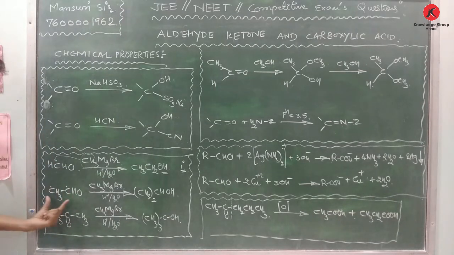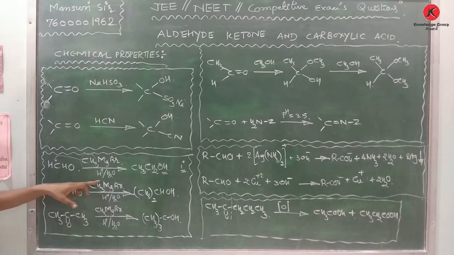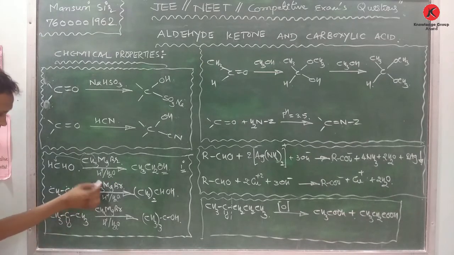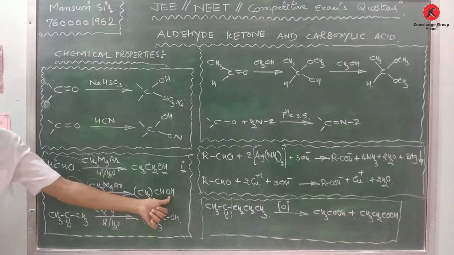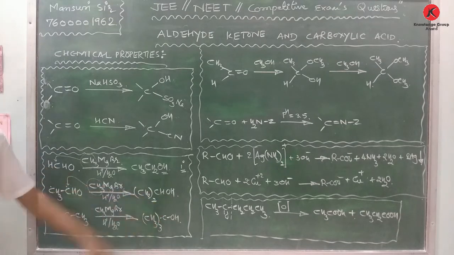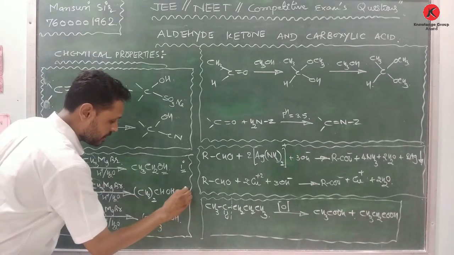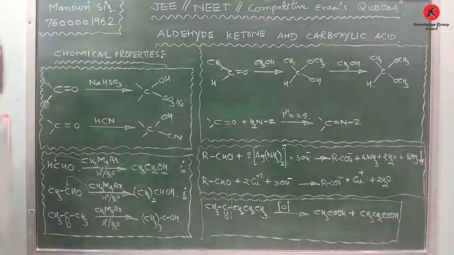Similarly, when the two-carbon aldehyde, that means ethanal, reacts with methyl magnesium bromide, then this methyl attacks toward this carbon and forms 3 carbons as well as 1 OH. That means here propanol is formed. Thereafter, here 3 carbons and ketone are given.